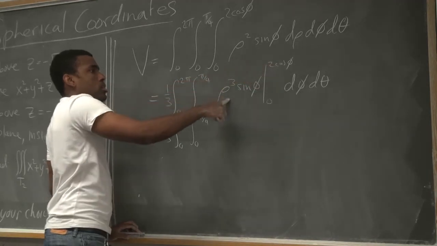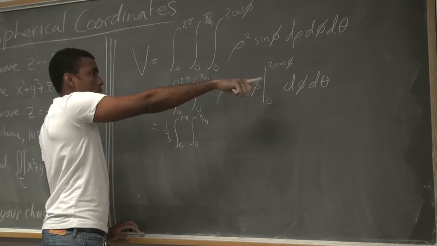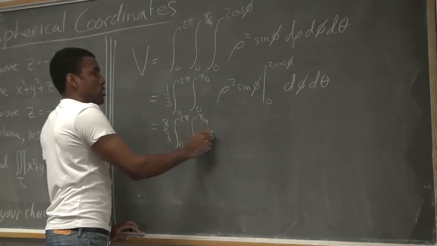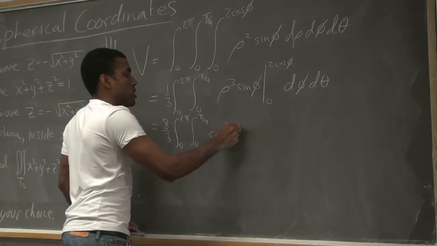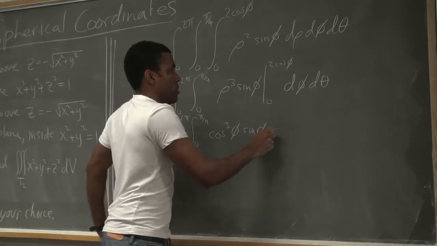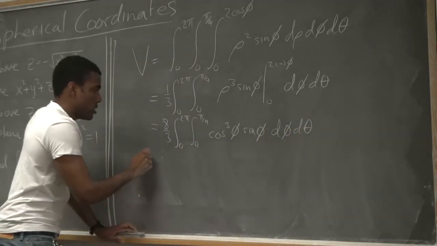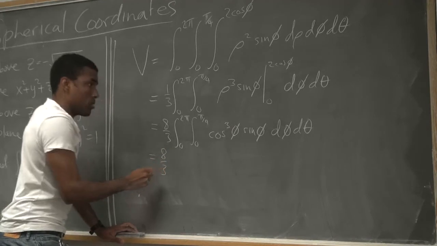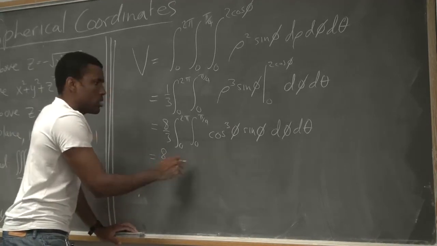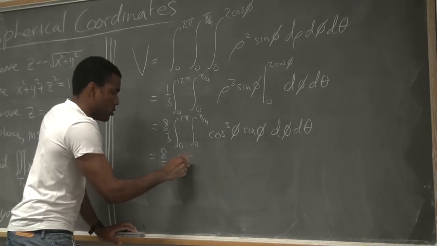I have to plug this in here. So I would get 2 cubed, which is 8, cosine cubed phi sine phi d phi d theta. By the way, there's no thetas in this. I could just actually use that as 2 pi.